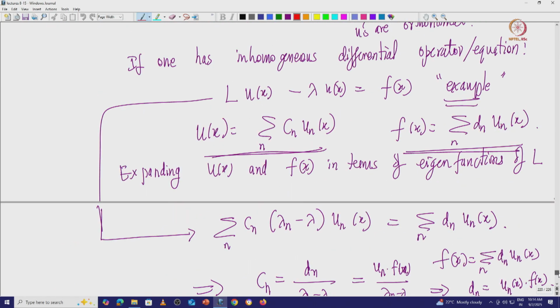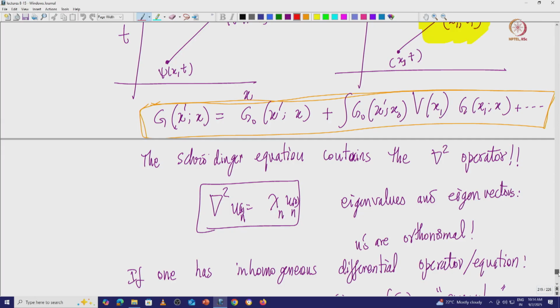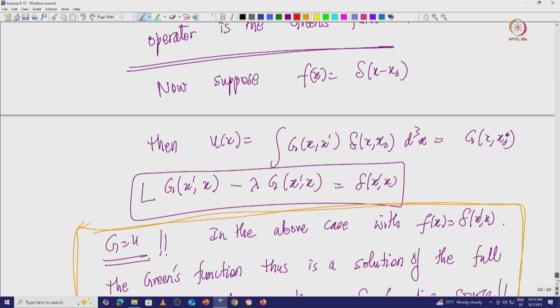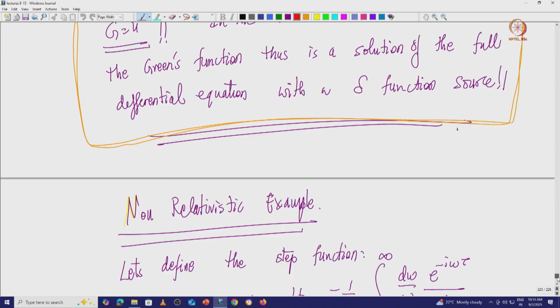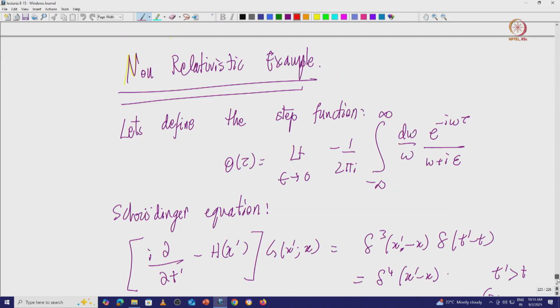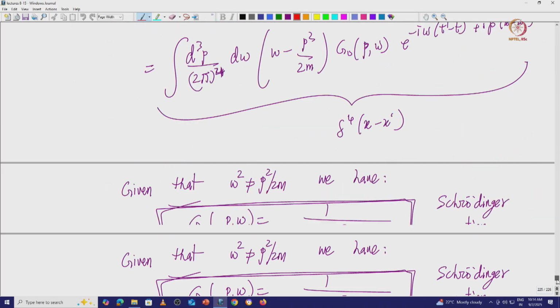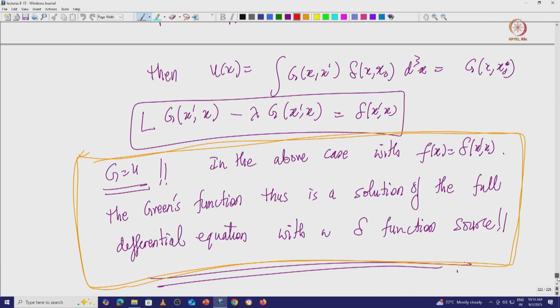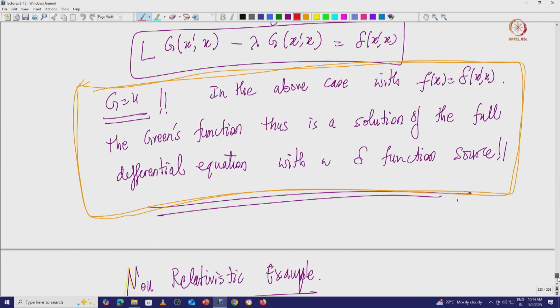We also showed that since the Schrodinger equation contains a del square operator, you can always show that the Green's function is nothing but a solution of the full differential equation with a delta function source.